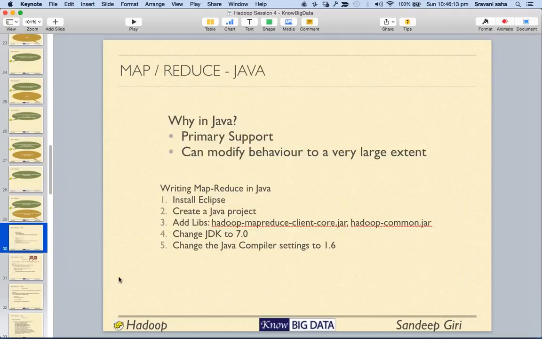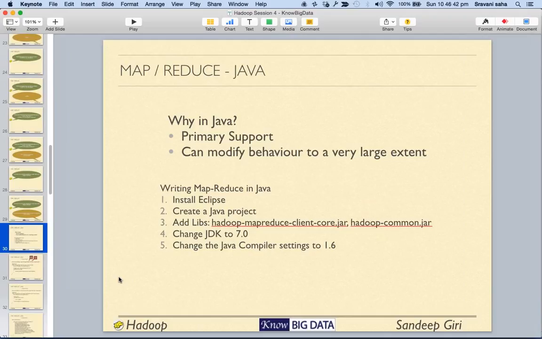Okay, so first, before that, we would like to go with MapReduce in Java. How do you do MapReduce in Java? One reason is that writing MapReduce in Java is beneficial because Java is the language in which Hadoop has been written, so it's easier to control Hadoop using Java.